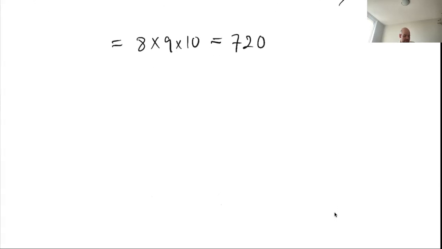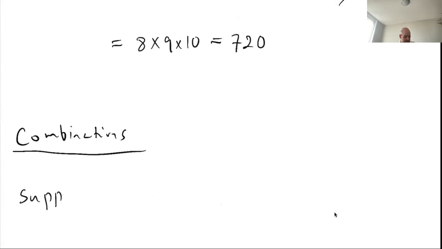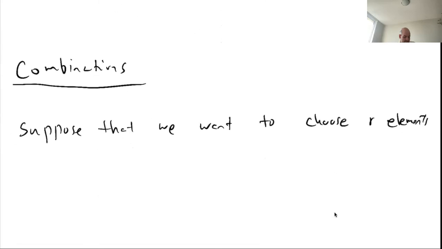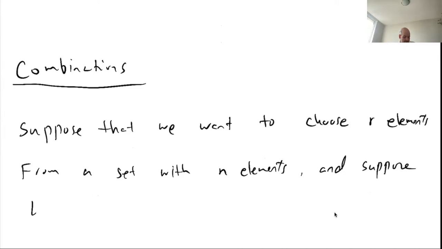Now let's look at the concept of combinations. So this time again, suppose that we want to choose r elements from a set with n elements, and this time suppose that the order is irrelevant.